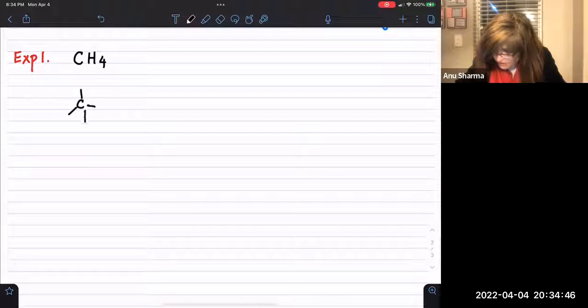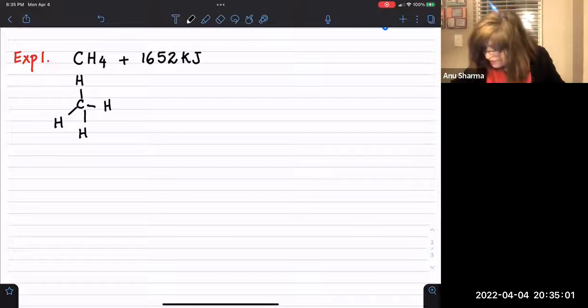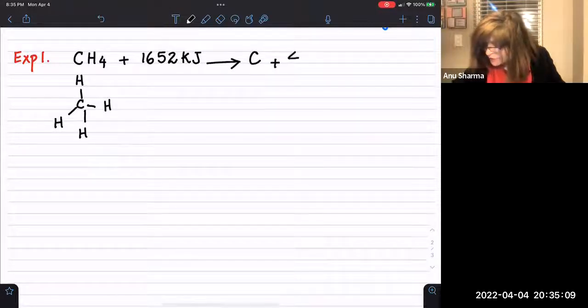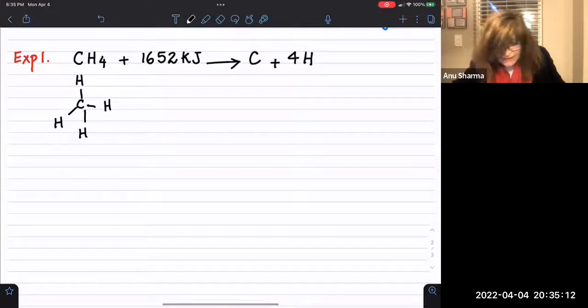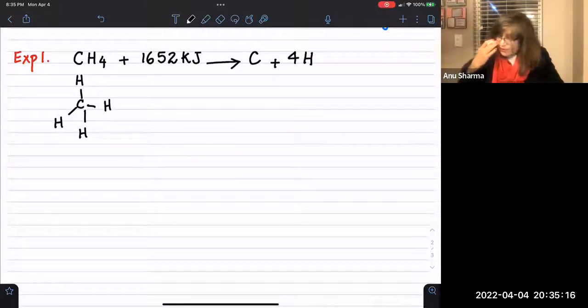The Lewis structure of CH4 looks like this. Now, you need to give methane 1652 kilojoules of heat. Only then is this molecule going to break up into 1 carbon and release 4 atoms of hydrogen. This is the energy that is needed to break the bonds.